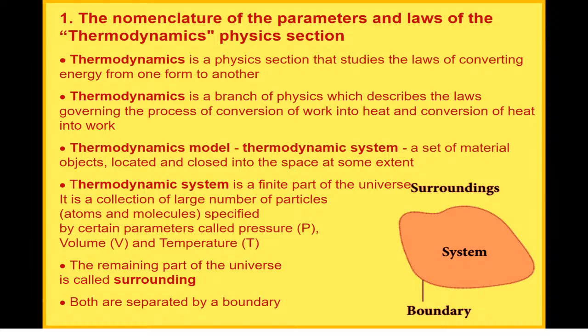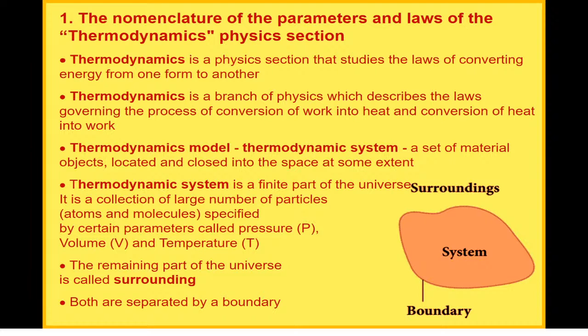It is a collection of a large number of particles. These might be atoms and molecules. These might be larger structures, for example organs, if we deal with the human organism. And this collection that is closed in space may be characterized by certain parameters that might be measured.